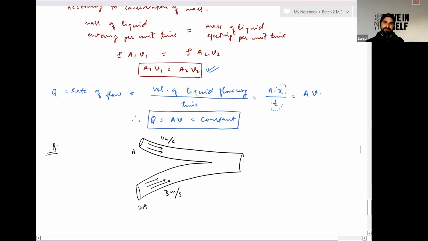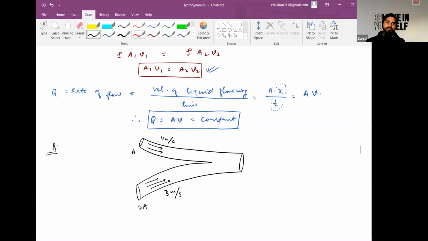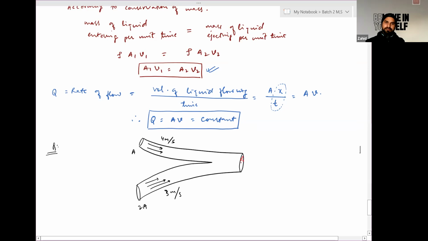Now at this end, we have some holes. Let's say number of holes is 10, each having area A by 4. Find the velocity of ejection of liquid.